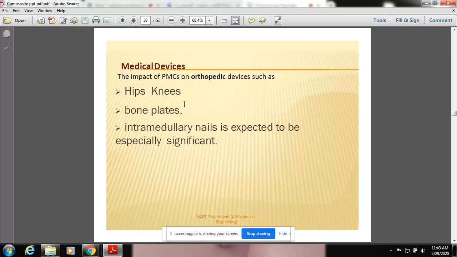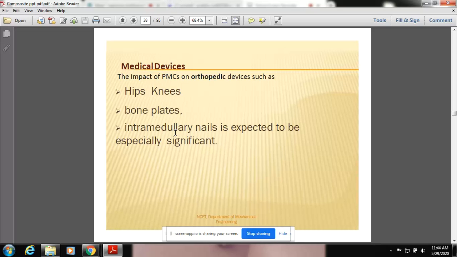The major impact is orthopedic devices. If there is damage to a body, you might have heard somewhere in your surroundings that we put one rod for a hand or a rod for a leg after breakage of your bone. What happens if you use normal steel or aluminum as the rod for replacing the bone?